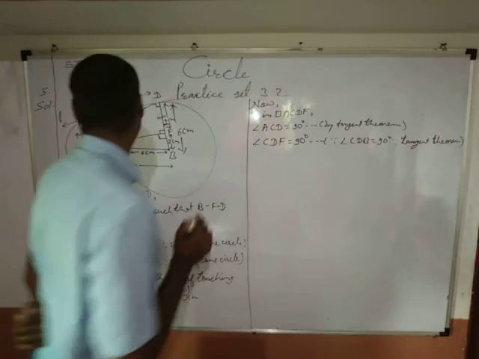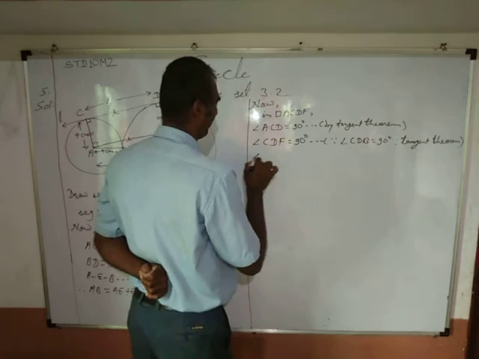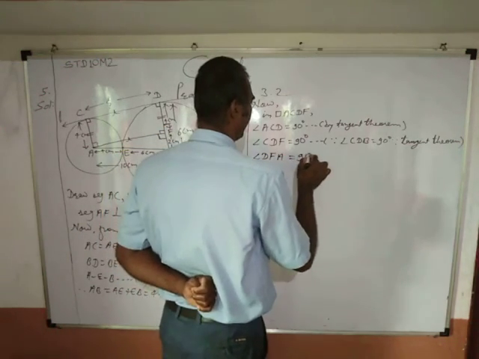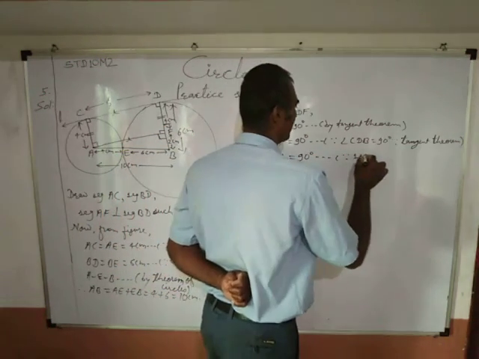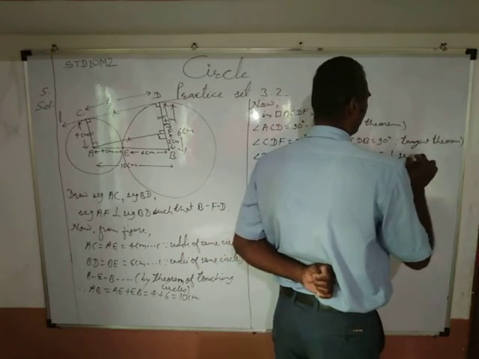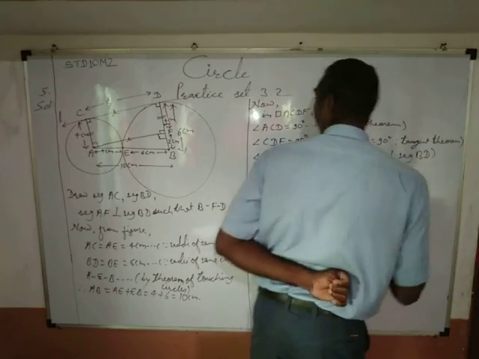And angle DFA equals 90 degrees, since seg AF is perpendicular to seg BD.